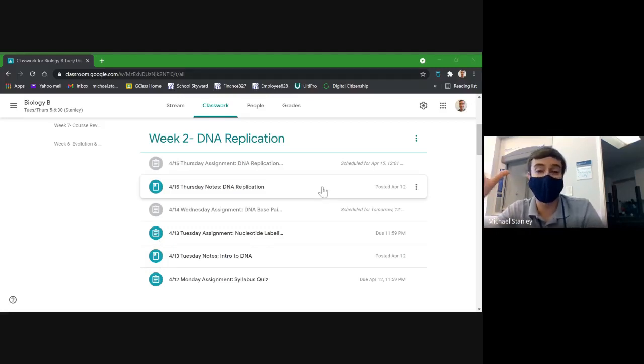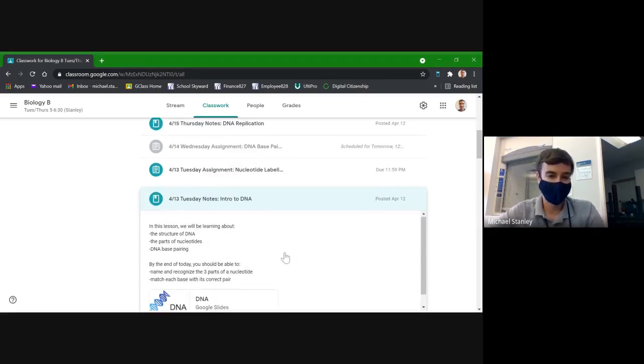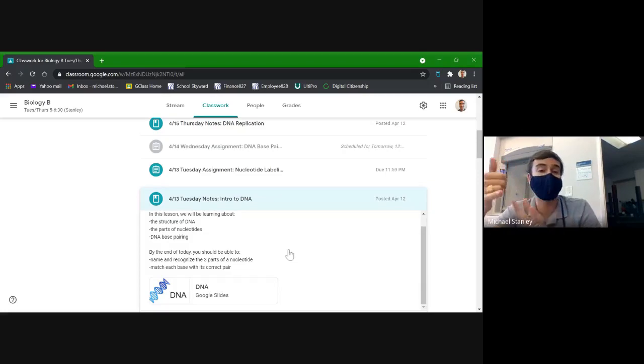So on Thursday, we'll go into the much more complicated process of how DNA copies itself so that we can make new cells and new organisms and new beings. But in order to get there, we need to know a little bit more specifically about what DNA is and what it's doing inside of our bodies. So that's where today's notes come into play. Today we're going to be talking about the structure of DNA.